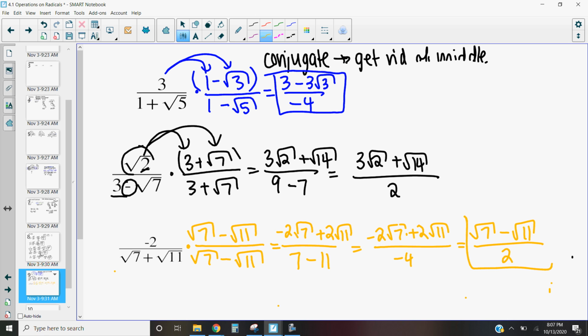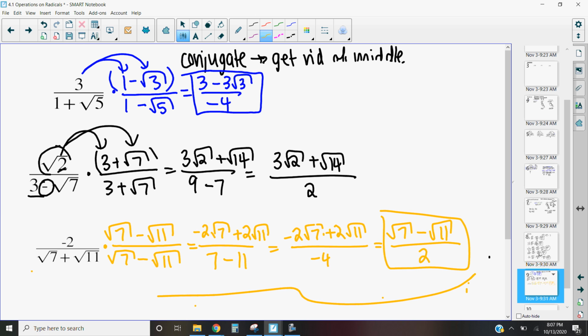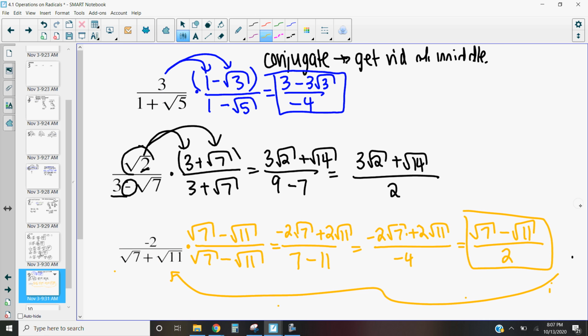And that looks a lot simpler than this thing over here, does it not? So that is how we would rewrite or divide when there's a radical in our denominator. And that is kind of the cap on what we do to use operations or properties on radicals.